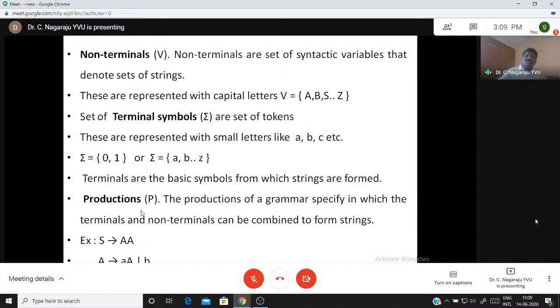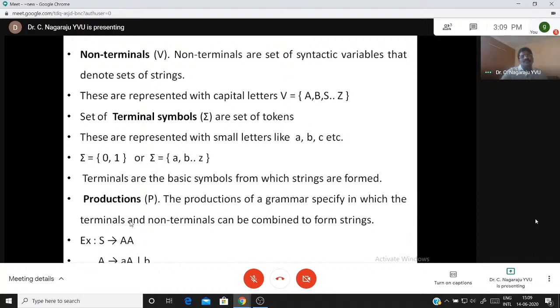A production contains a set of terminals as well as non-terminals. For example, S can have the form AA. That is one production, and another one is A can have the form small a, capital A, or b.